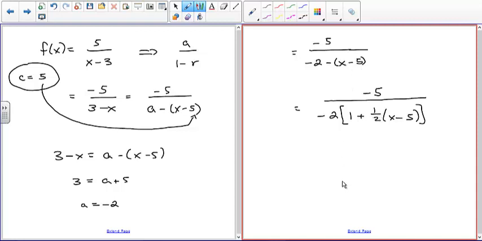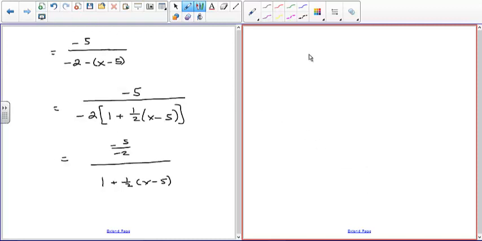Okay. Final step is we're going to put both of these constant terms in the numerator, well, next to final step. So we get negative 5 over negative 2 divided by 1 plus 1/2 times x minus 5. So our final equivalent expression is 5/2 divided by 1 plus 1/2.